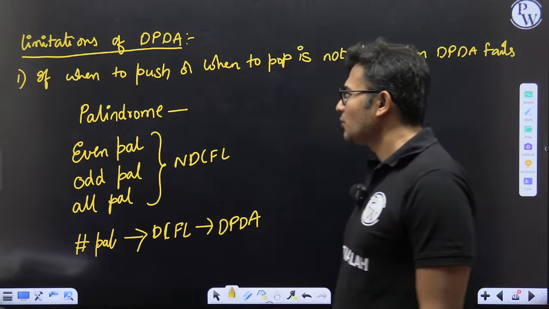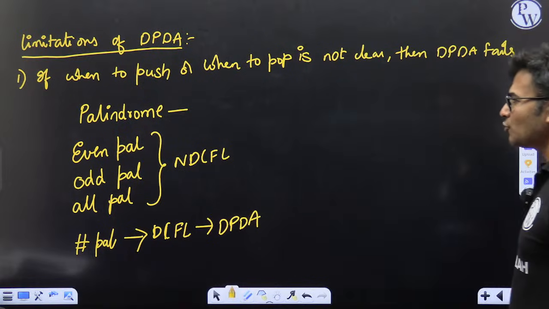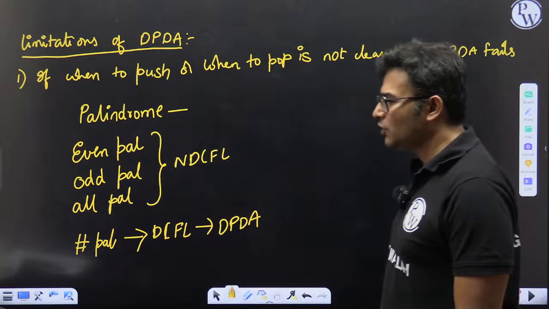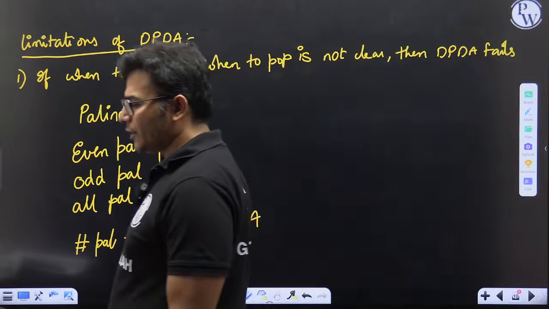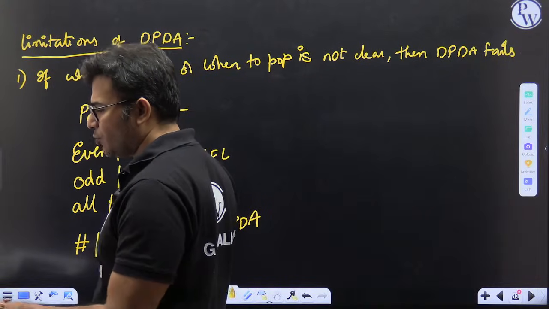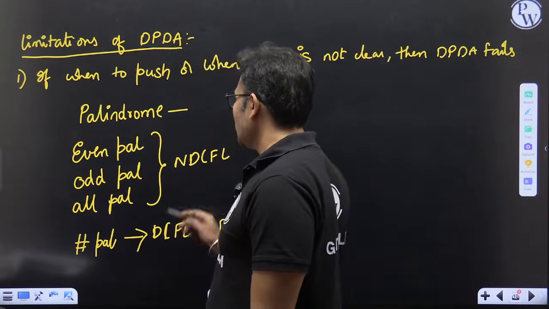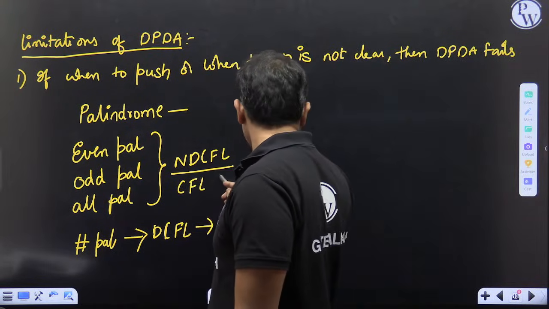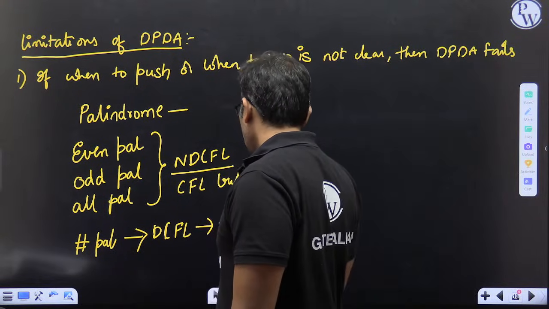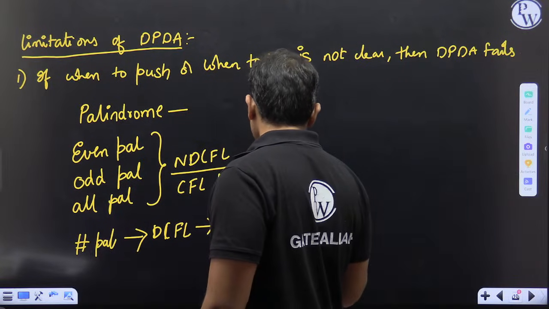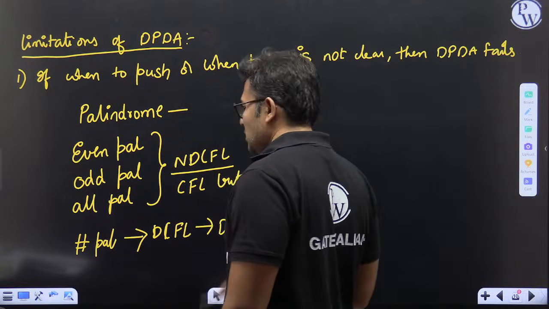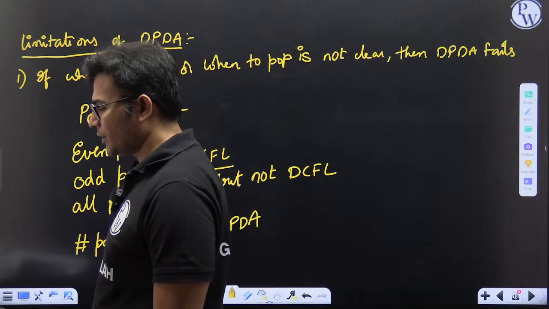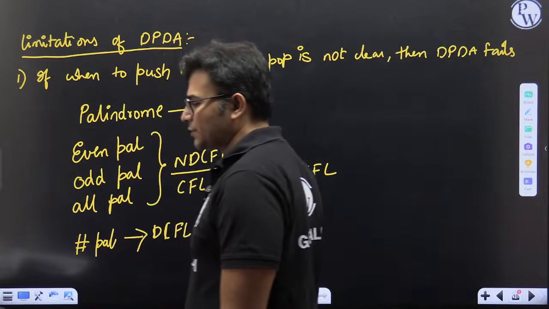So we can say that these other languages are context-free languages, but not deterministic context-free languages.